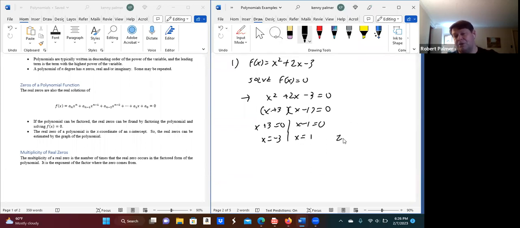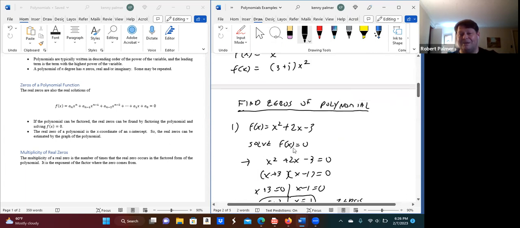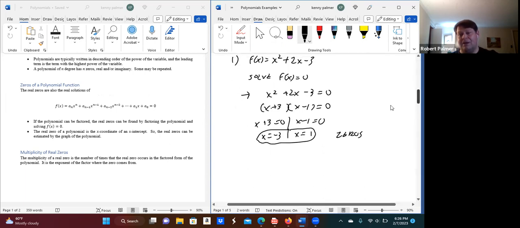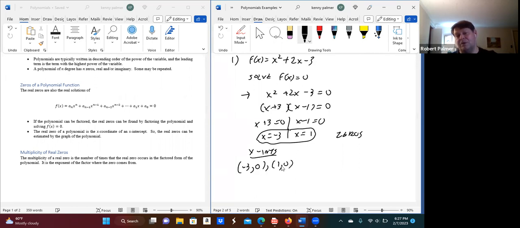So these are the zeros of our function, because if you plug these into your function, it will give you 0. Since these are real numbers, you also have your x-intercepts, with coordinates (-3, 0) and (1, 0). Okay, so let's actually look at this one quickly on Desmos.